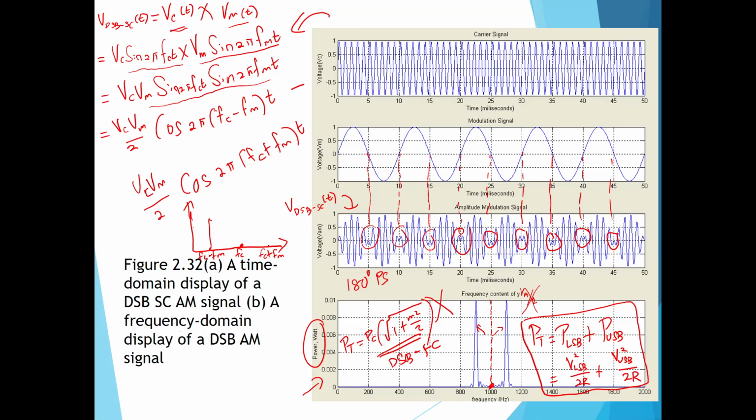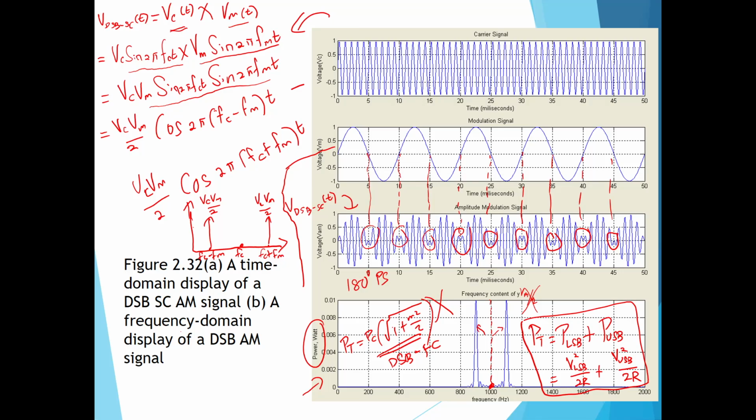So if you draw the amplitude, it becomes like this. The amplitude here is Vc Vm over 2.